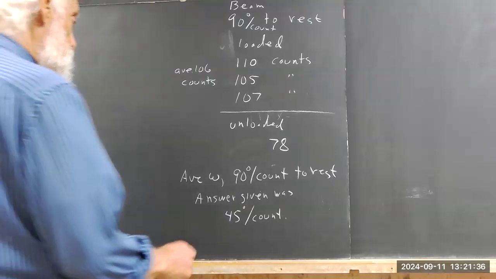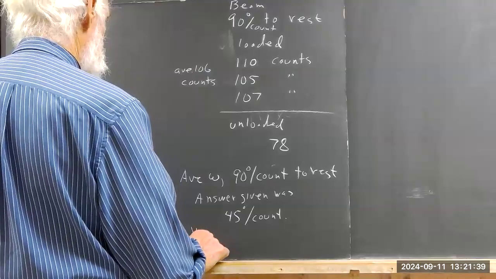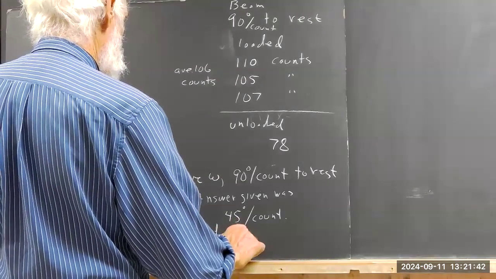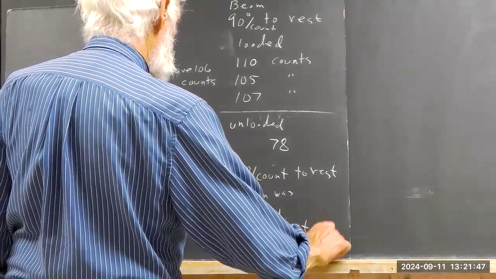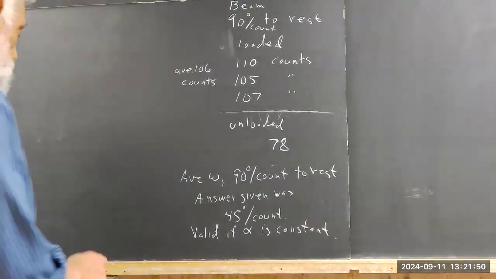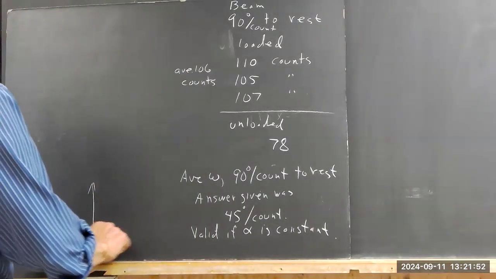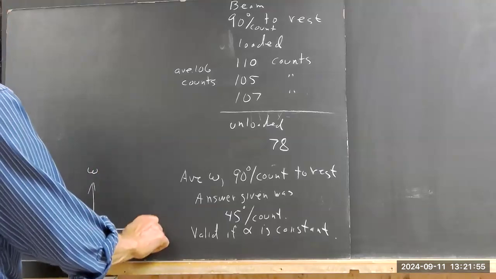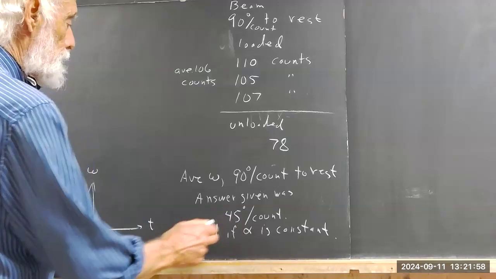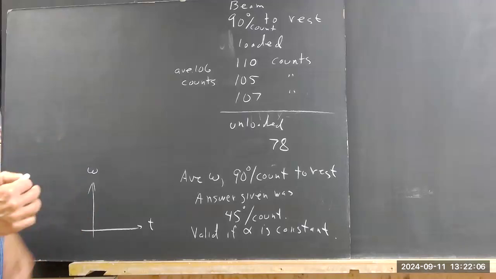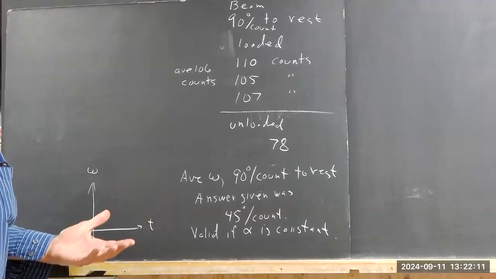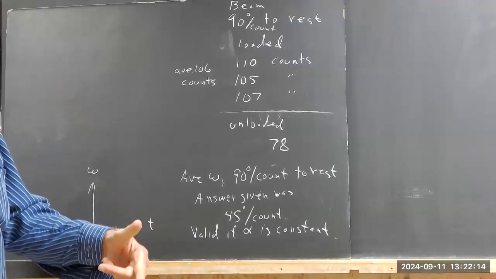And that's valid if alpha is constant. Why is that valid if alpha is constant? Well, let's look at a graph of omega versus t. Alpha is the rate of change of omega. If it's constant, that means the rate of change is constant. The rate of change is the slope of the omega versus t graph. And that slope has to be constant, which means you have a straight line.